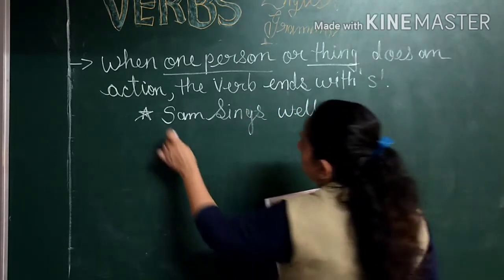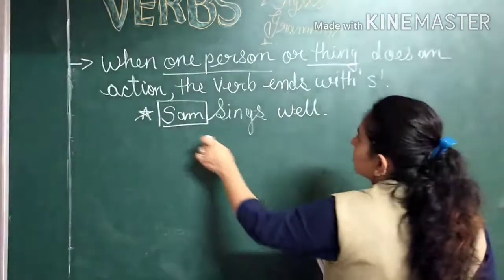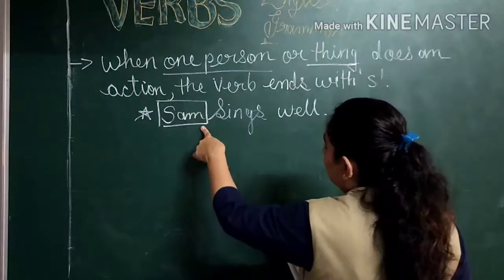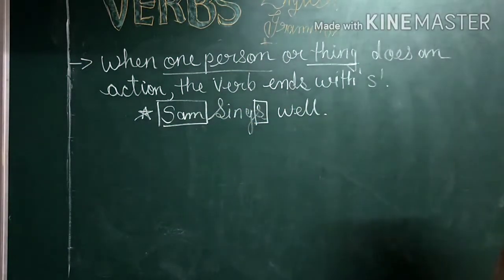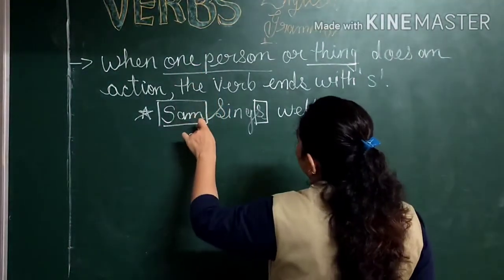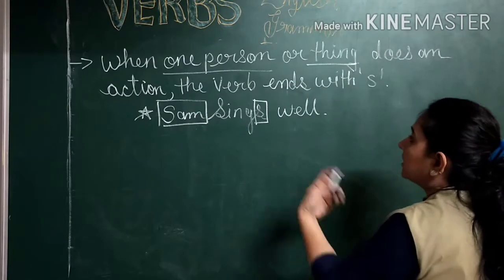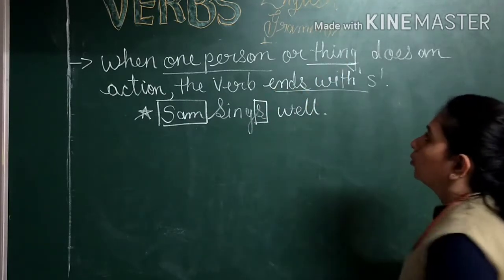Here Sam is a name of a person, right? So it is a matter of one person. So मेरा verb जो है वो s से मैंने मेरे verb में s add किया है. As per the rule, when the one person is doing the action, singing, the action he is doing, so we are adding s with the verb.